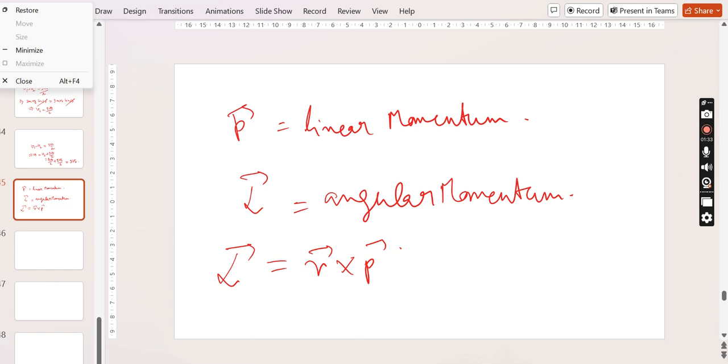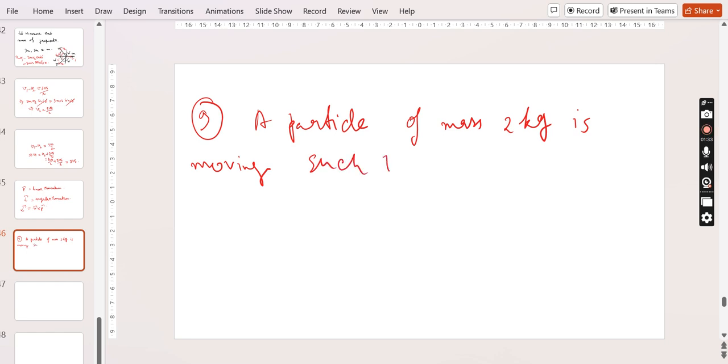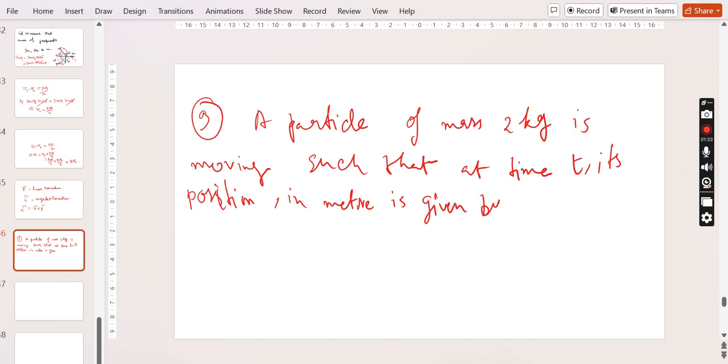That question is that a particle is moving such that its position in meters is given by r equal to 5t i minus 2t squared j.